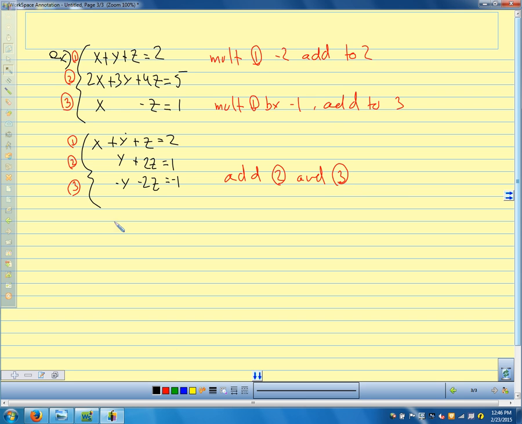So my first two rows are x plus y plus z equals 2. y plus 2z equals 1. And my new third row, when I add these together, I get 0 equals 0.